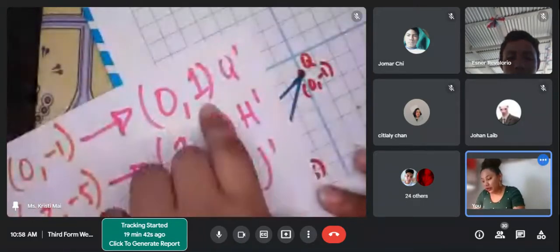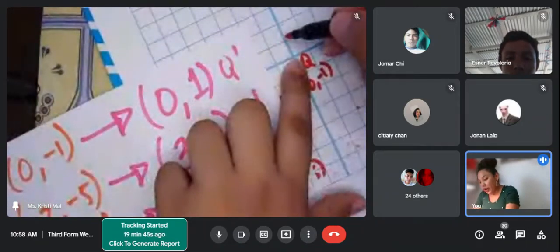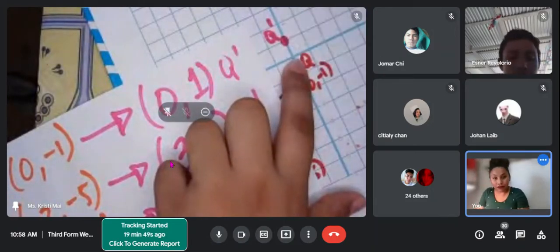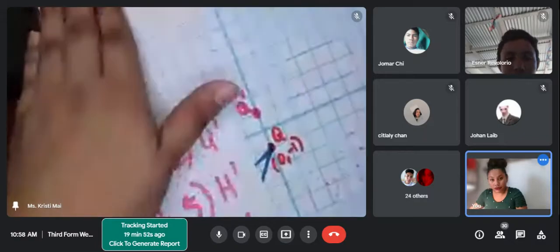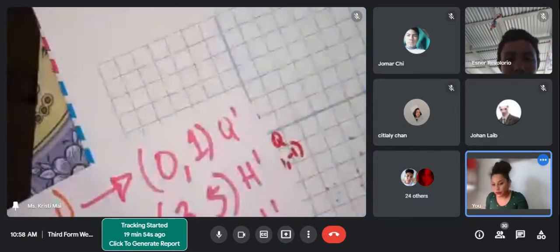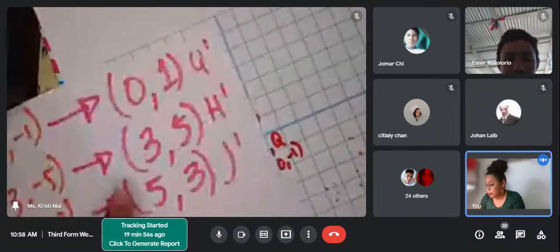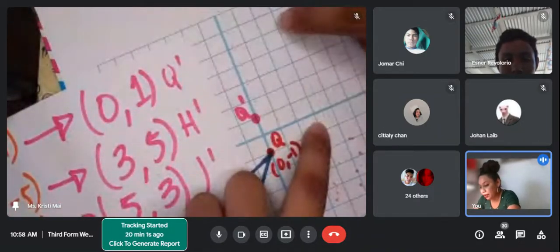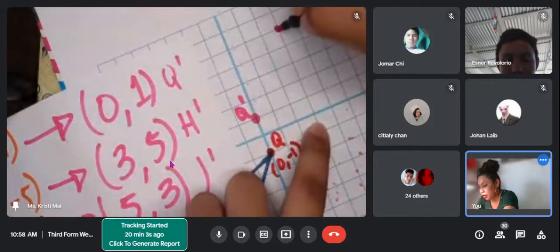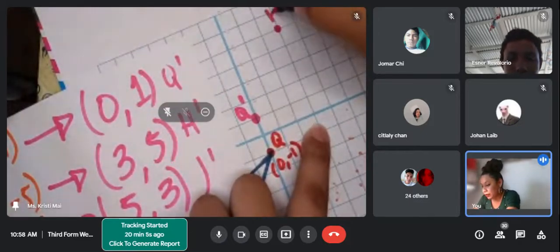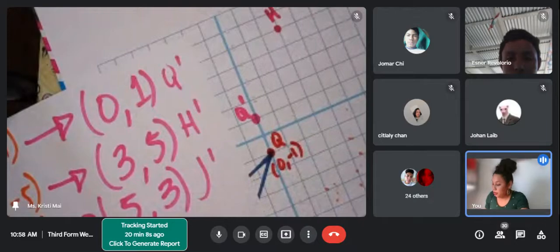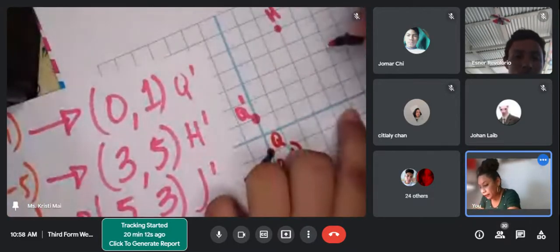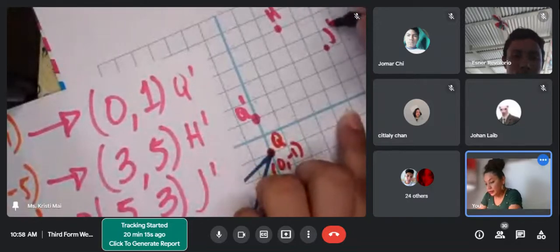Q1 is 0, 1. So 0 on the x-axis and 1 on the y-axis right here. Q1. My next point is 3, 5: 3 on the x and then 5 on the y right here. And this is going to be H1. And then the other point is 5 on the x and then 3 on the y, and you get J1.